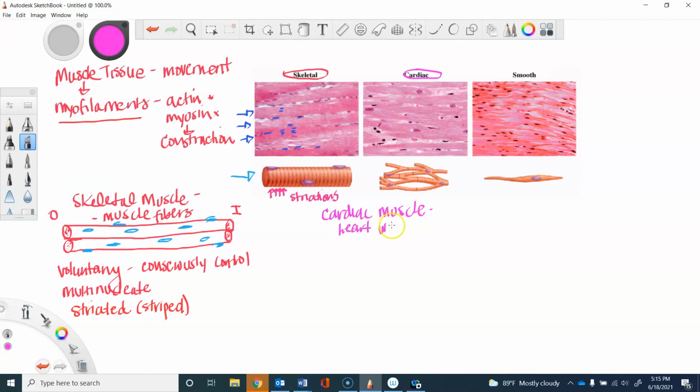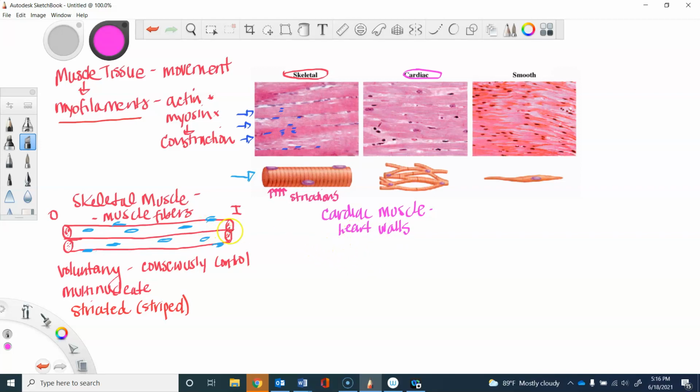Okay, it is only in the walls of the heart. Some people will look at the heart and then see the aorta coming off of that and think that that has cardiac muscle in it. It does not. The cardiac muscle is only in the walls of the heart, not in any of the vessels that come off the heart.